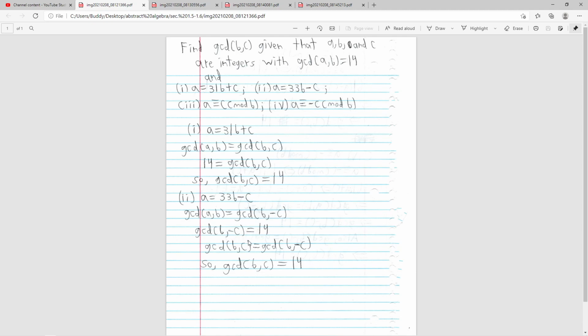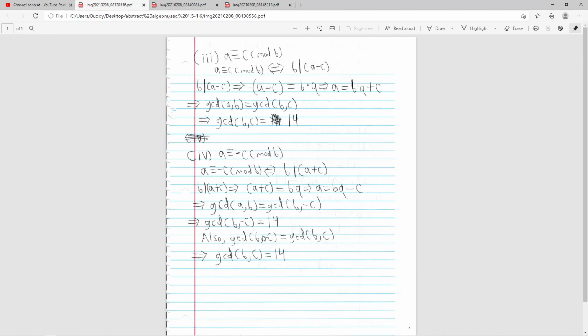So GCD of B and C is equal to GCD of B and negative C, which is 14 because it's equal to GCD of A and B. So GCD of B and C equals 14. You can see this is just like a trick. You have to use a theorem or two for these problems. That's one theorem, so let's use another one.